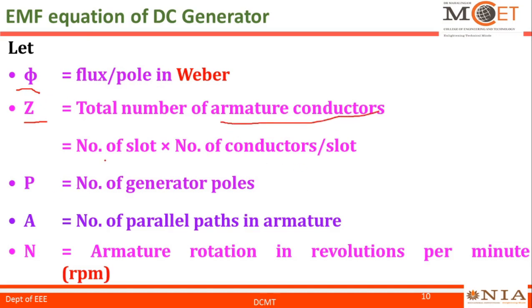We house the conductors in armature slots, so the number of armature conductors is given by the number of slots times the number of conductors per slot. P is the number of generator poles, A is the number of parallel paths in the armature, and N is the armature rotation in revolutions. Normally we indicate revolutions per minute, RPM.